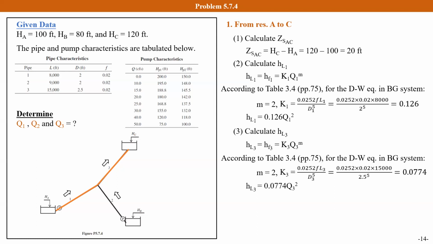So to do that, we introduce a new term, called the net pump head, for describing the contribution from each pump to overcome the head loss in pipe 3. Originally, the pump head contributed to lift the water and overcome the head loss.